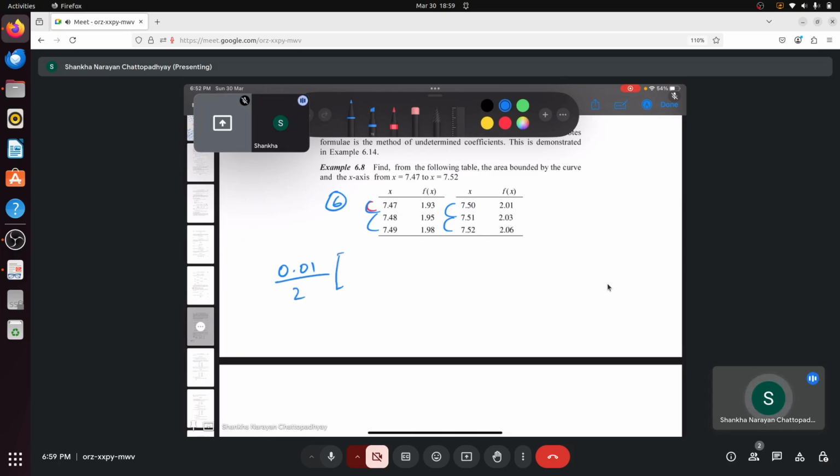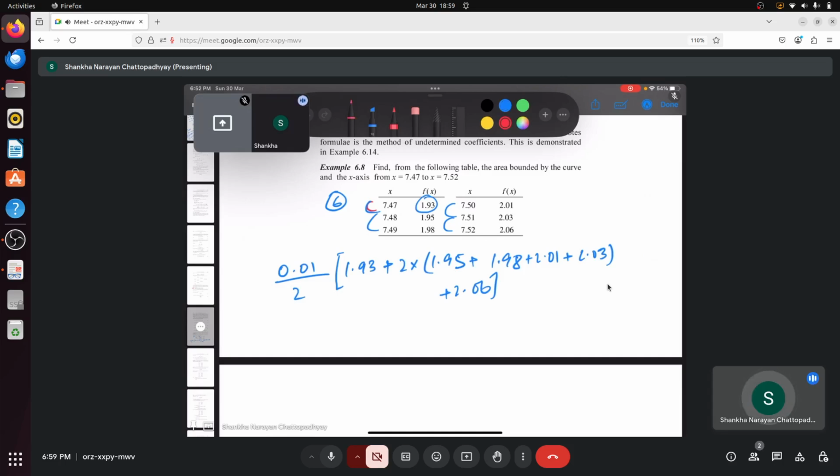Then you need to just put these values: 1.93 plus 2 into 1.95 plus 1.98 plus 2.01 plus 2.03 plus 2.06, and you can calculate the answer.